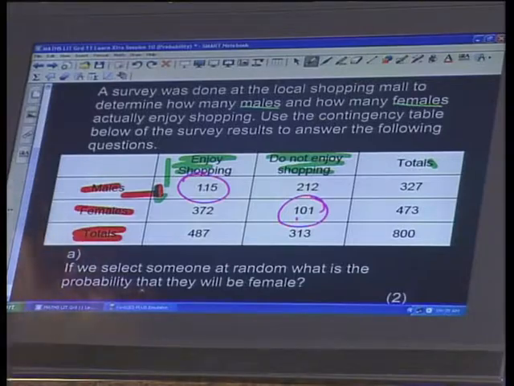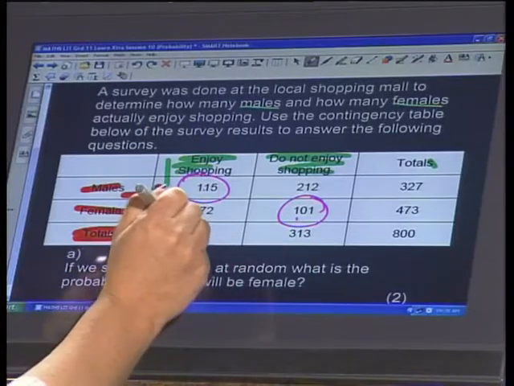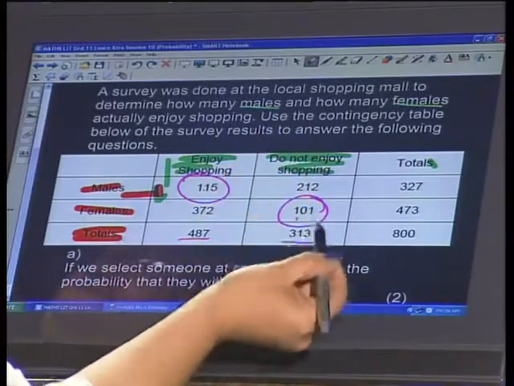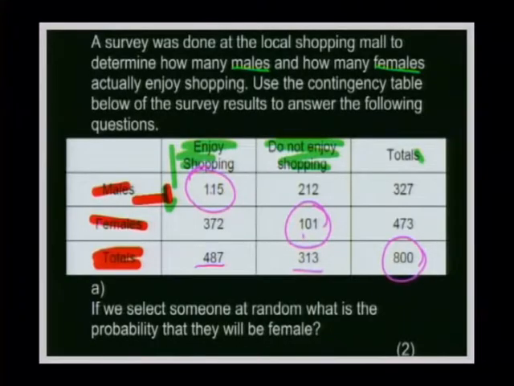Does it make sense how we read the contingency table? And then we've got our totals: the total that enjoyed shopping, the total that did not enjoy shopping, and finally, the total number of people that were surveyed. So we're dealing with a possible outcome of 800.